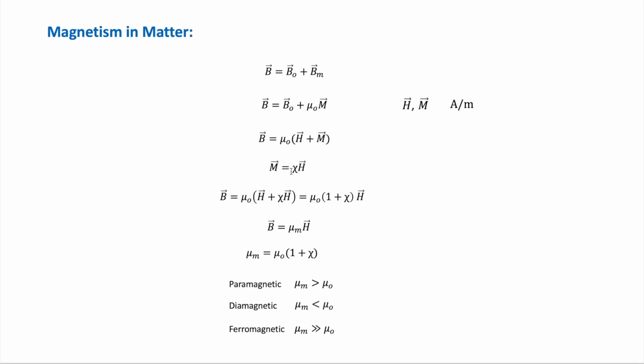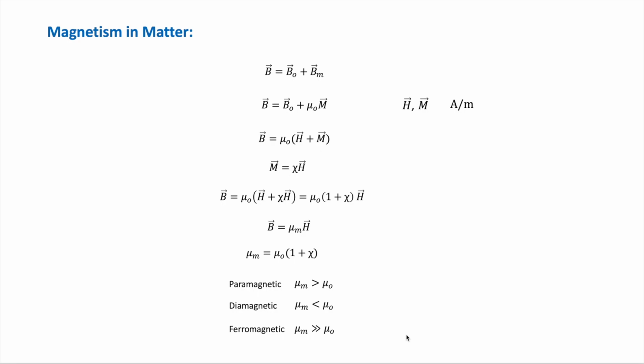If the substance is paramagnetic, then chi is positive and therefore M has the same direction as H. And if the substance is diamagnetic, then chi is negative and M is in the opposite direction to H. But this linear relationship between M and H does not apply in the case of ferromagnetic materials.